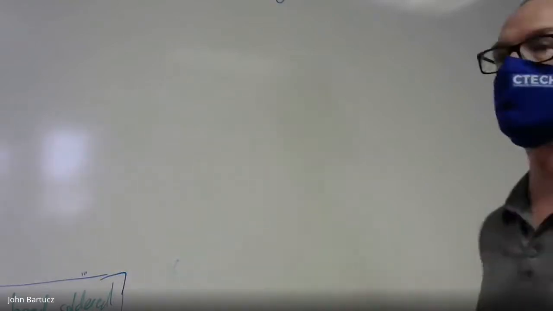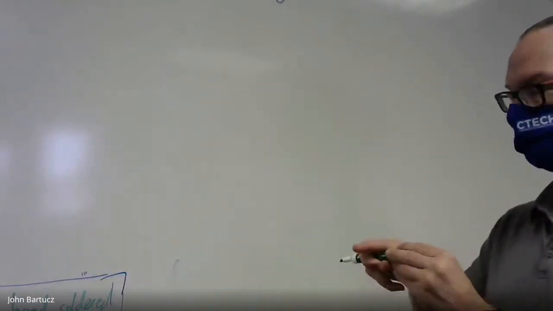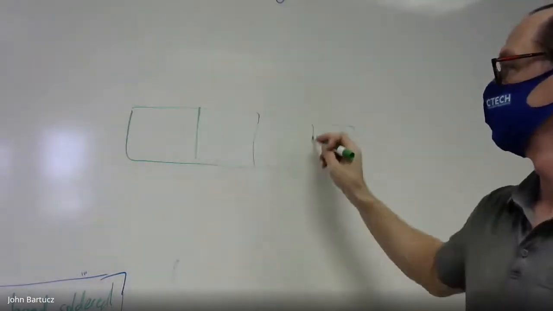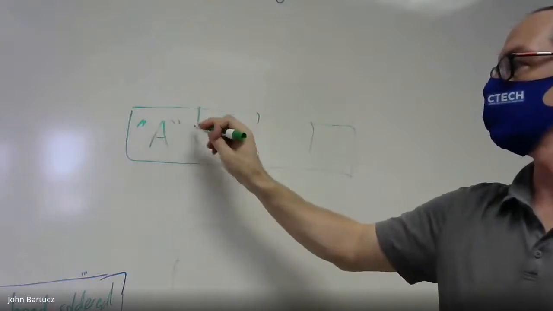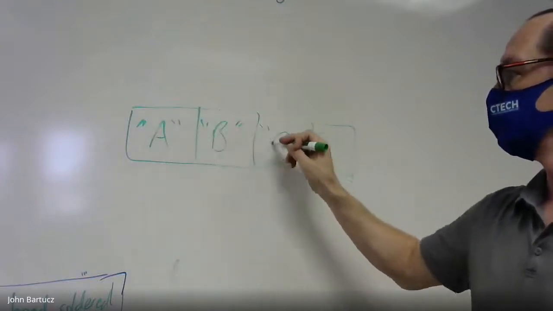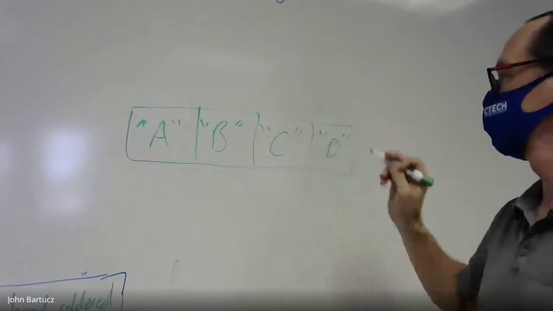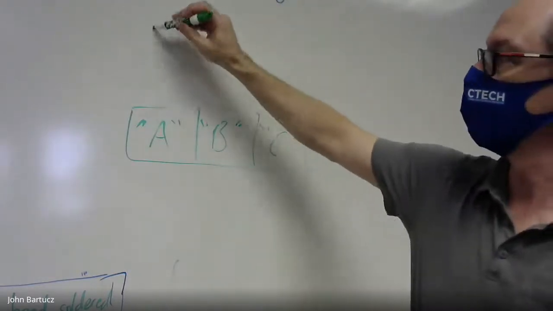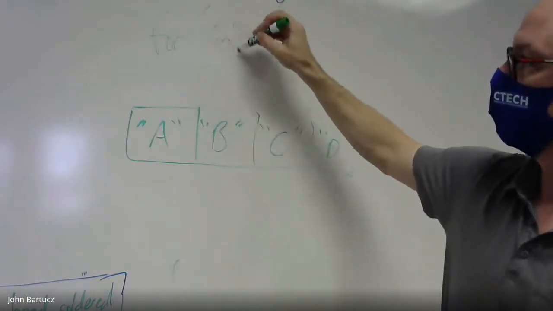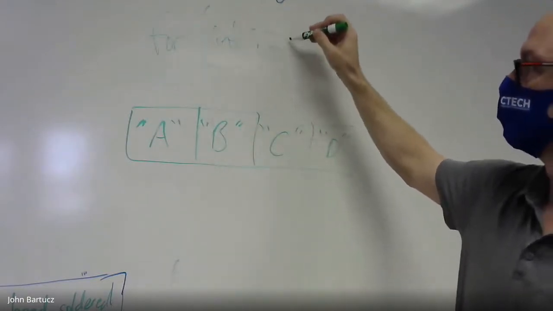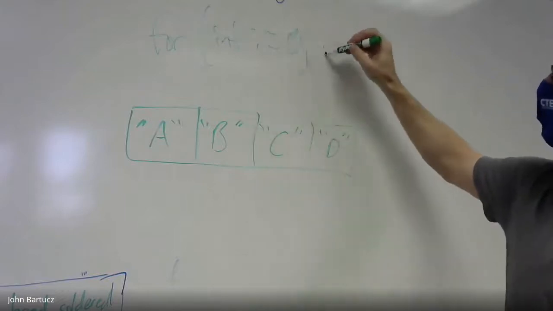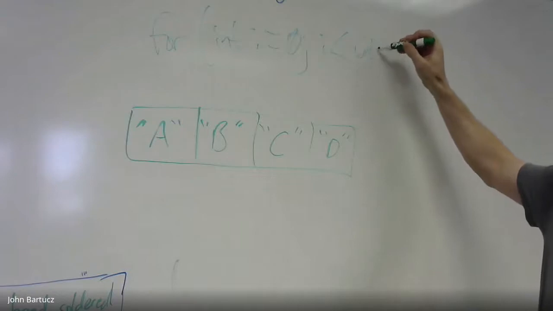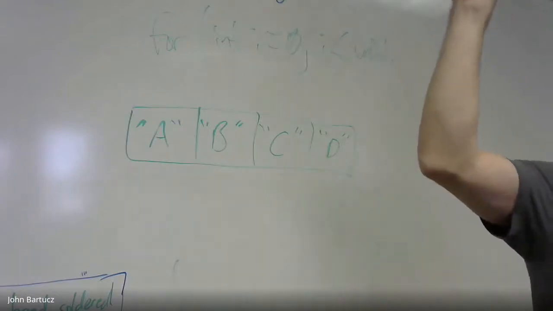So say I have this list, right? And for now, I don't really care what's in it. I'm just going to make up a list of strings. So I need a for loop, right? So I'm going to say for int i equals 0, i is less than my word list dot what?